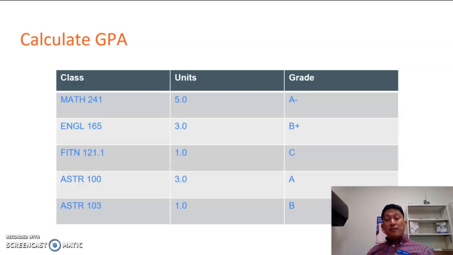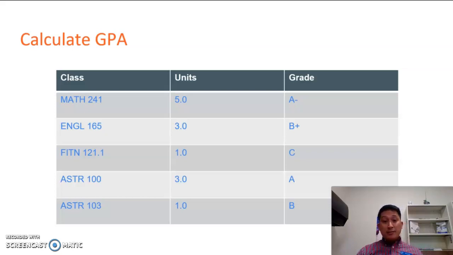So the math class is 5 units, and the number of grade points for an A minus, if you remember that slide, or even refer to the catalog, an A minus is 3.7 grade points. So you'd multiply 3.7 by 5 units and get 18.5. For the English class, a B plus is 3.3 grade points, and you'll multiply that by 3 units to get 9.9.